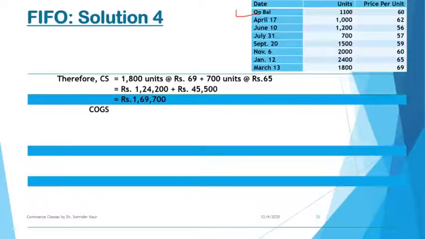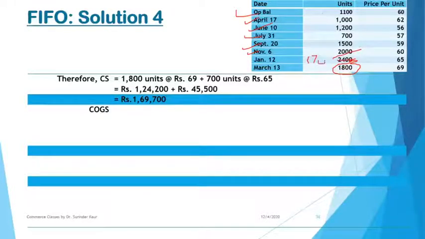So from the flow of inventories, we know that opening stock was sold. Then you had this lot fully finished, next lot fully finished. So these lots are fully finished. Your last lot was left, and out of this 700 units were left. It means in this lot we have sold 1700 units.